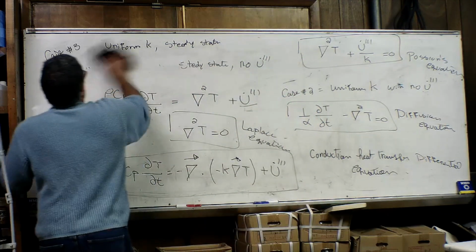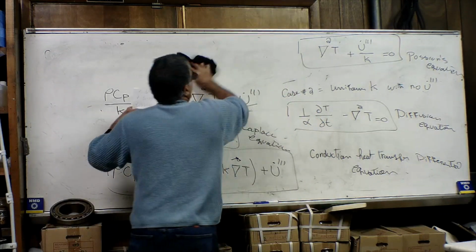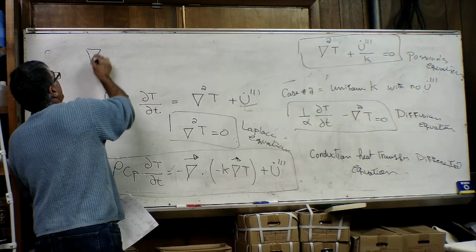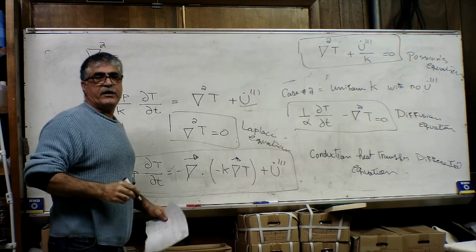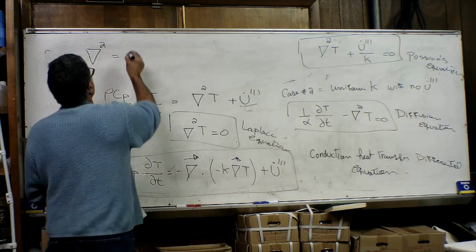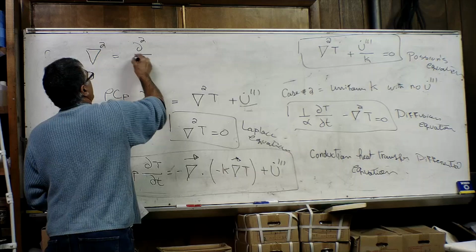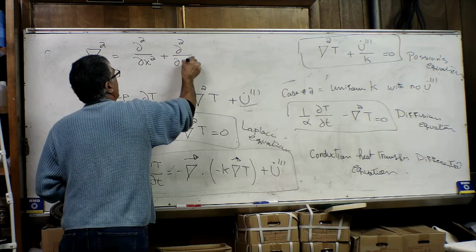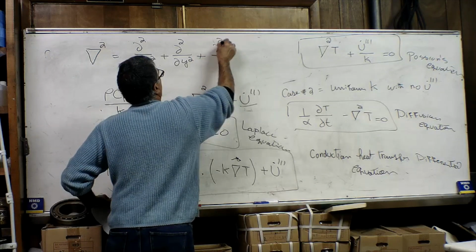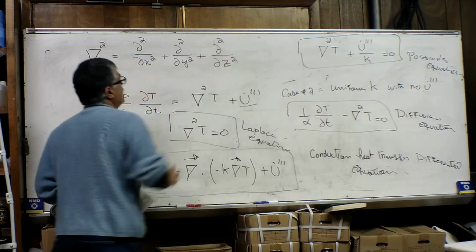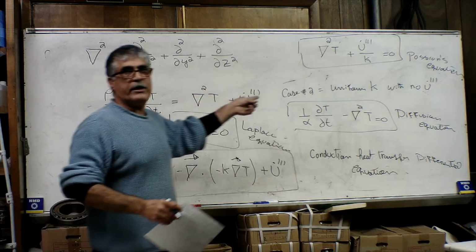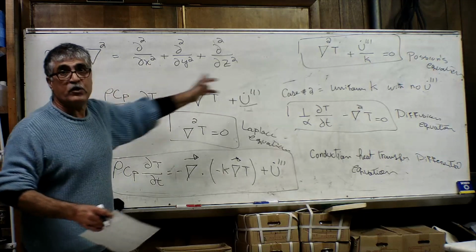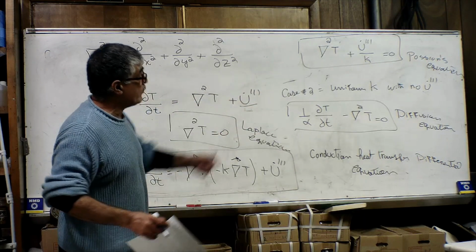So del square in Cartesian coordinate system is this. We can apply that in these formulas and write these formulas using that in Cartesian coordinate system.